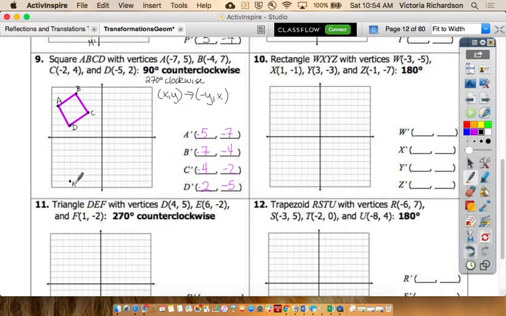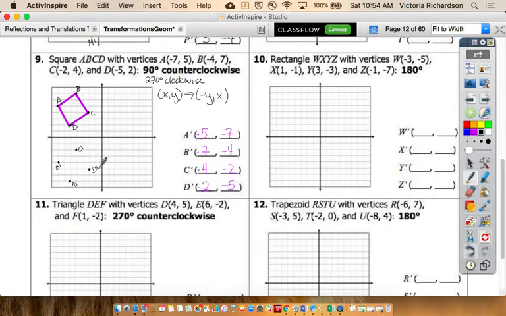This is A prime. B prime, -7, -1, 2, 3, 4. C prime, -1, 2, 3, 4, -2. And D prime, -2, -1, 2, 3, 4, 5.